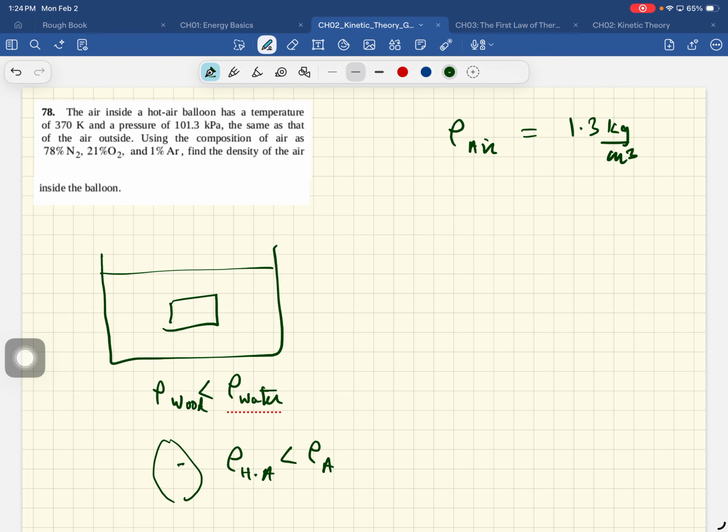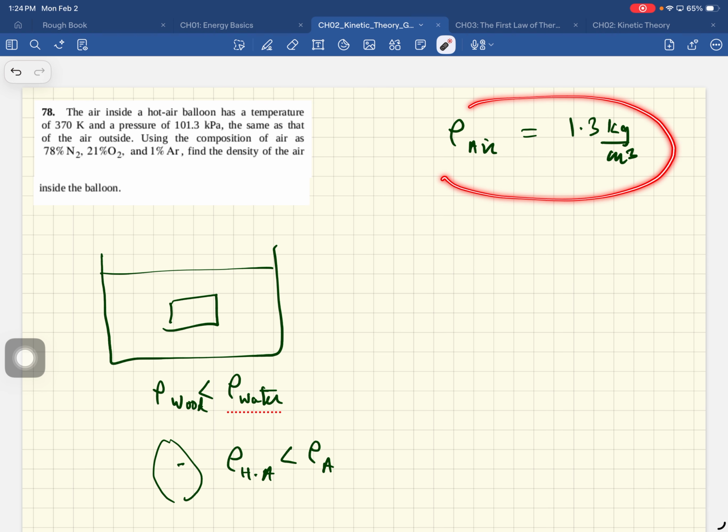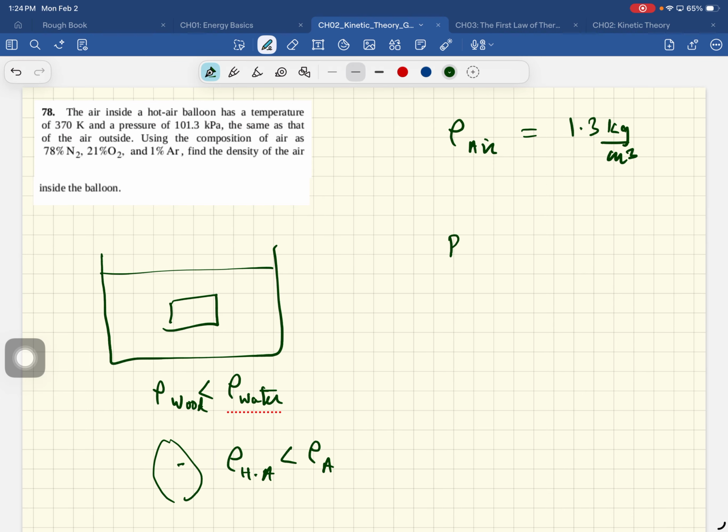Then what do we have to do? Then add the contribution from oxygen, 21%, moles per meter cube. That's how many moles of oxygen you have per meter cube in the hot air. And what is the molecular mass of oxygen? 32 into 10 to the minus 3 kgs per mole. And then 1% argon.